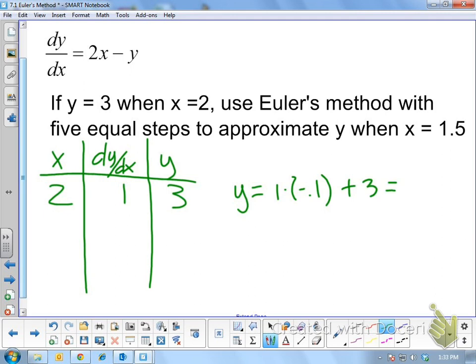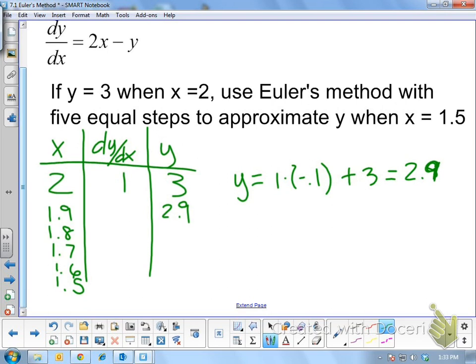And that will give us 1 times negative 0.1 plus 3, so 2.9. So our new y value, and we do already know that our x values are going down by 0.1 every time. So our next y value is 2.9.